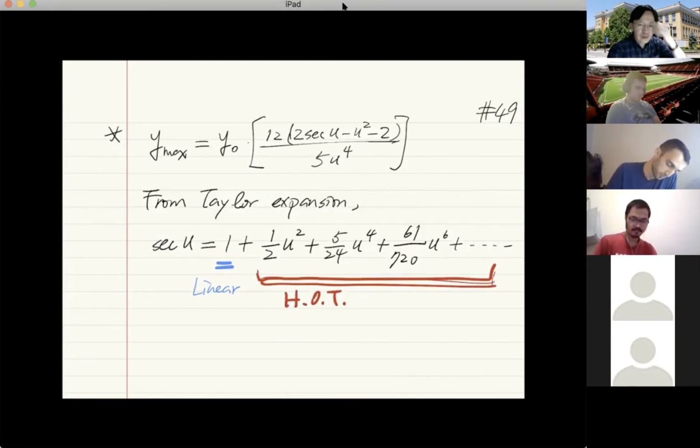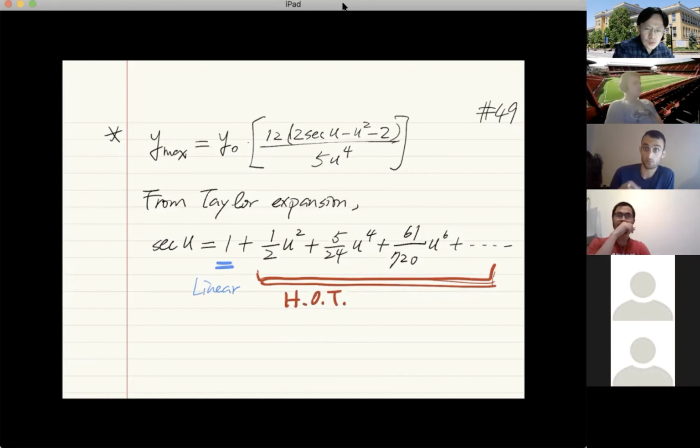Now, the number of the higher order terms is decided by the required accuracy in this approximation. So if you just want to get some idea, well, I just want a number in the ballpark, then all you need to do is just to take the first higher order term. But if you are designing some kind of structure, you really need to get very accurate numbers. So perhaps you should include 2 or even 3 higher order terms from this expansion.